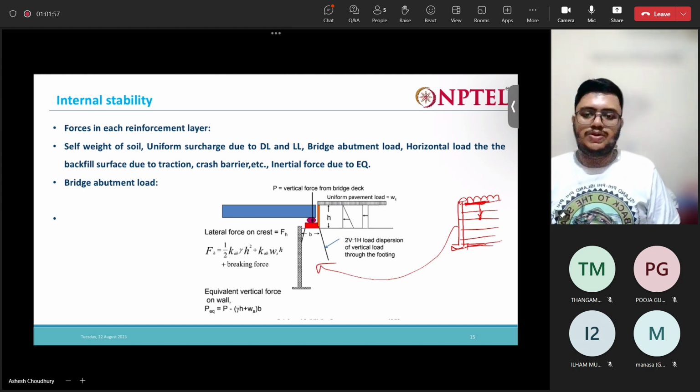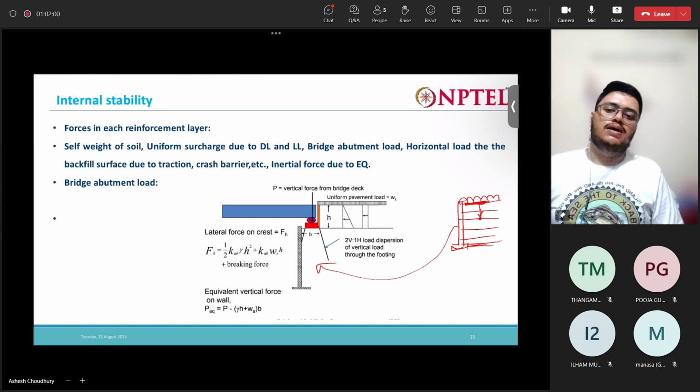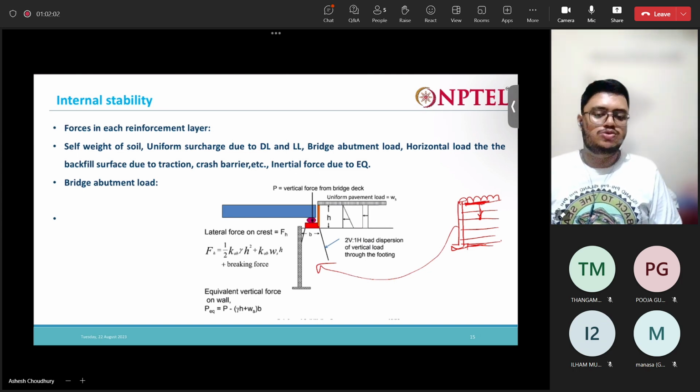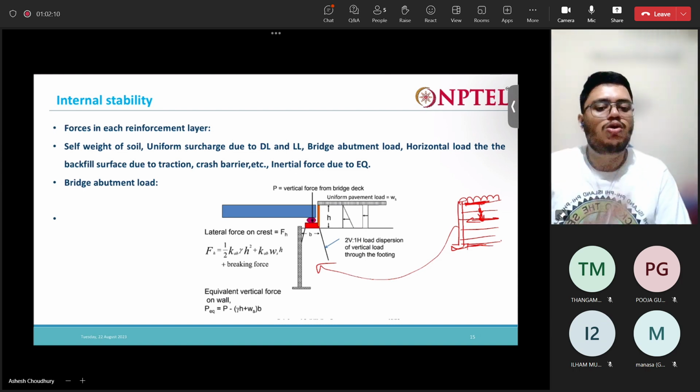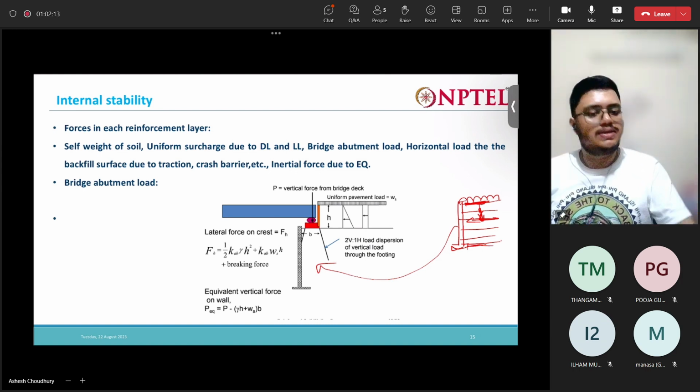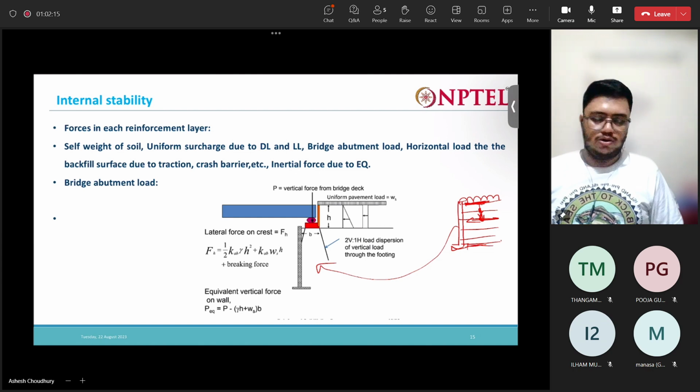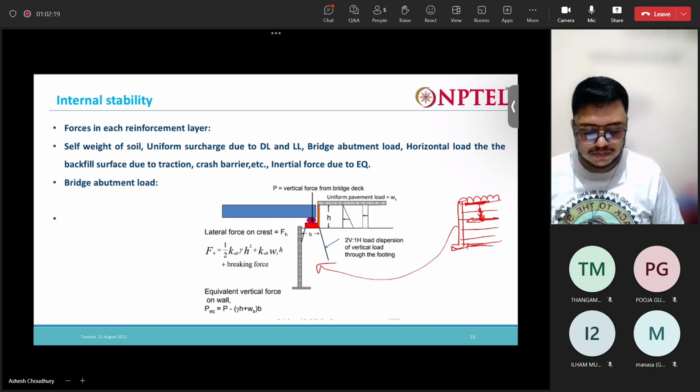Then the crash barrier load, as we discussed, and the last one is the inertial force due to earthquake. All these loads are acting on this reinforcement here. So we need to consider all of these loads while we calculate the load on the reinforcement.